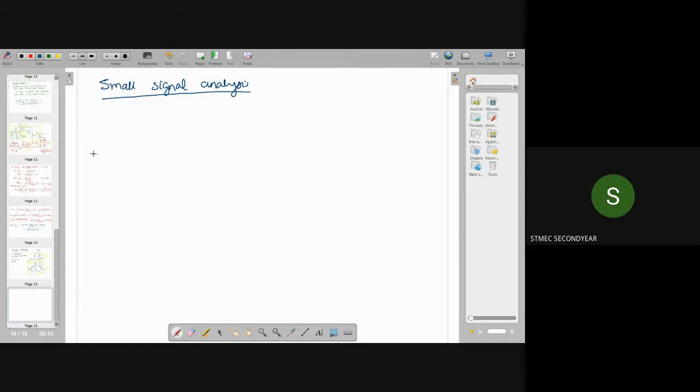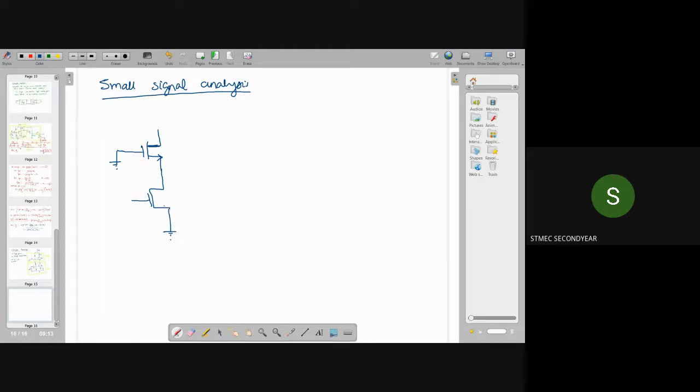For this, I am taking these two MOSFETs only. Here you have the MOSFET connected in common gate configuration. That is, we are connecting this gate to ground. And this is connected as common source, with the source connected to ground.